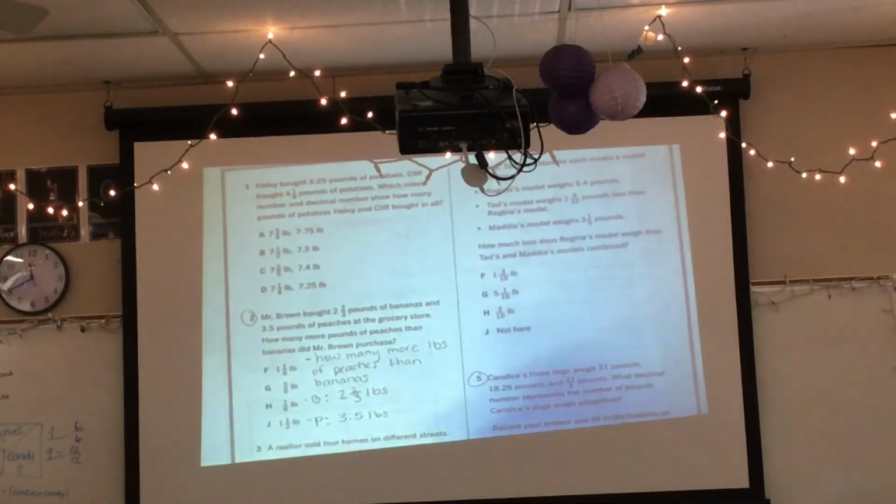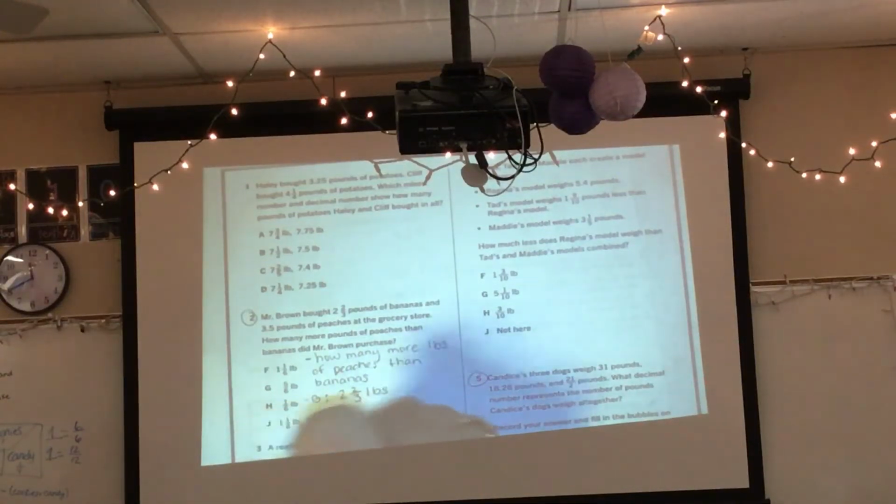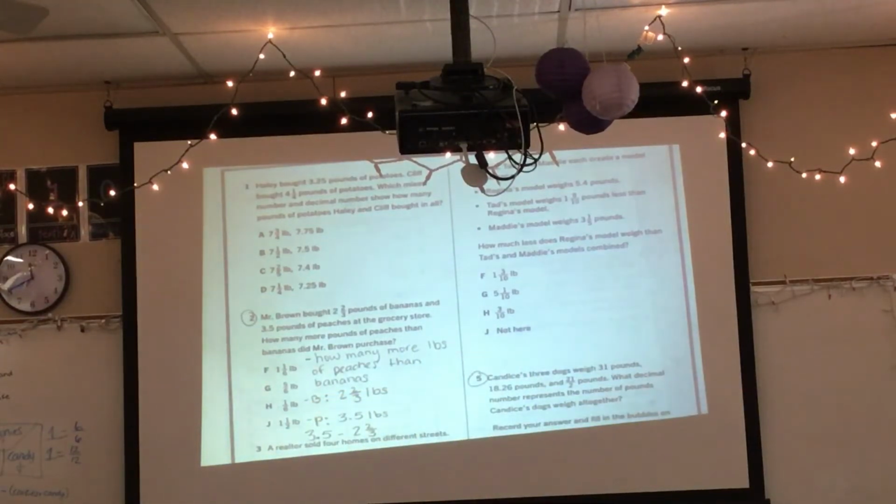So we're going to do 3 5/10 minus 2 2/3. What will that answer give me? We don't know yet. But when I solve it, what will it give me? The answer to how many more pounds of peaches than bananas.